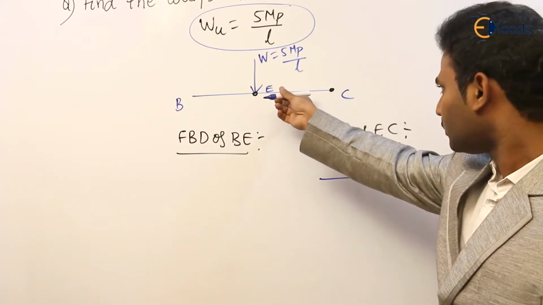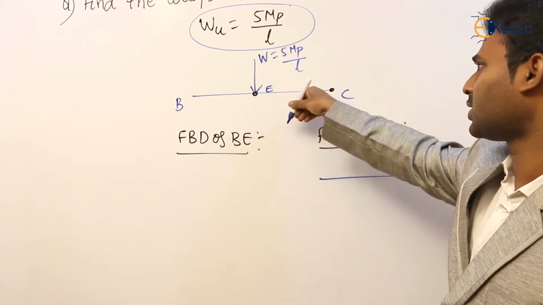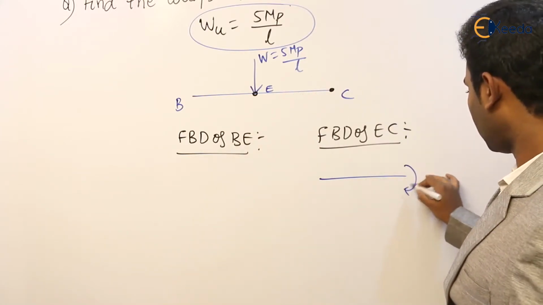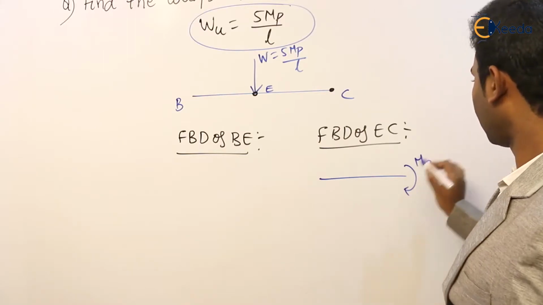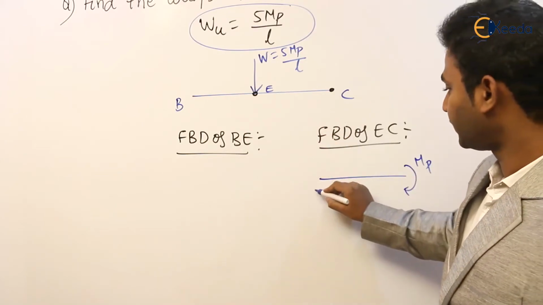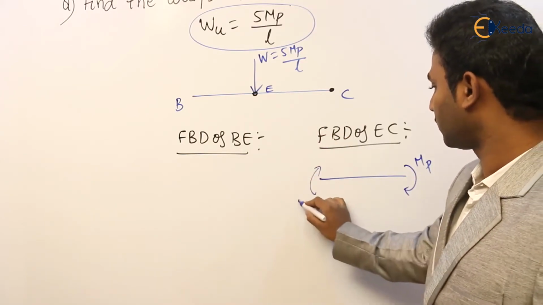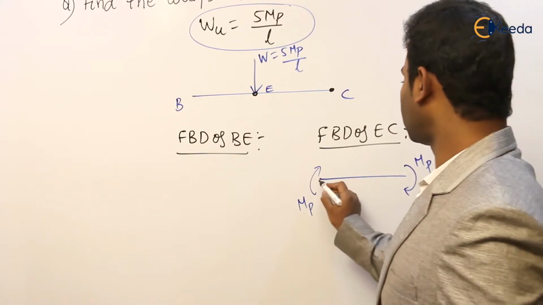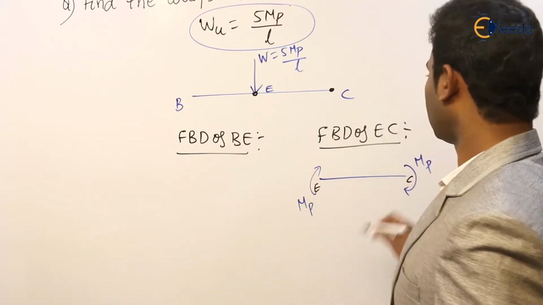EC is rotating anti-clockwise, so the moment should be clockwise, Mp. And here also at E, again clockwise. So this is E and this is C.